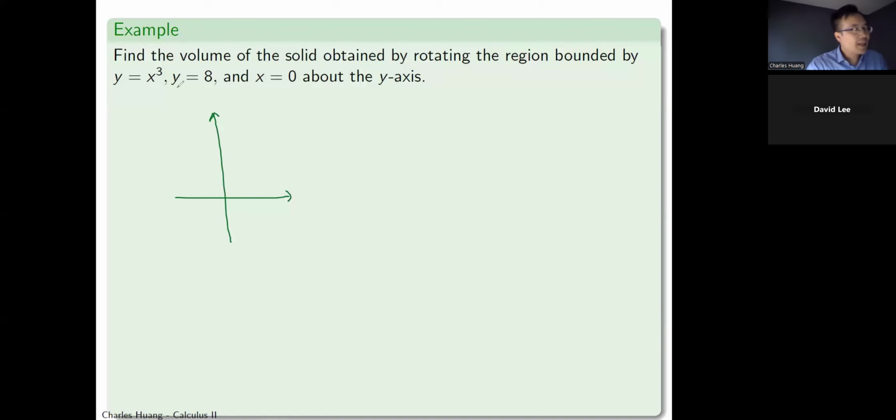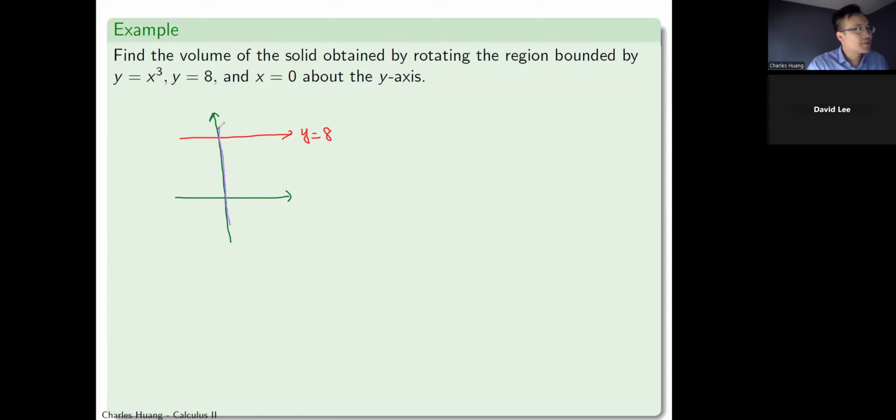In this case, y equal to 8 is a horizontal line. Let's see which color I want to use. So I'll use the horizontal line here. That's y equal to 8. x equal to 0 is a vertical line, so let's use purple.